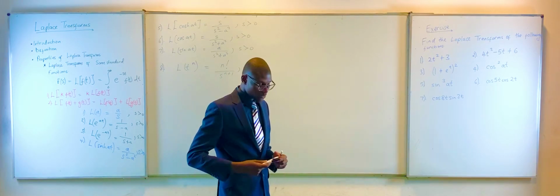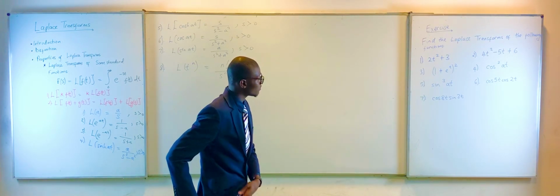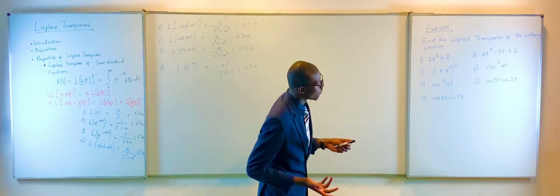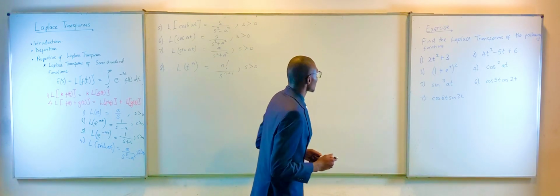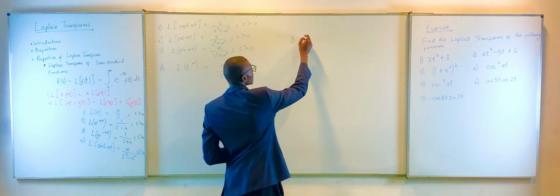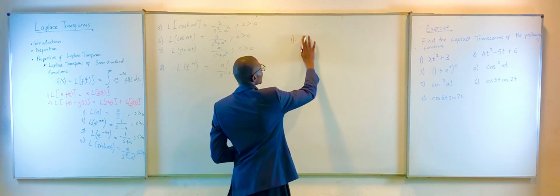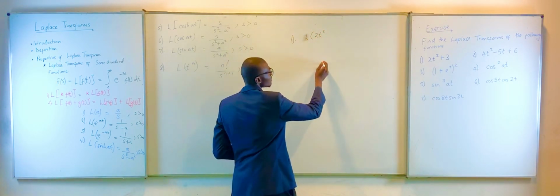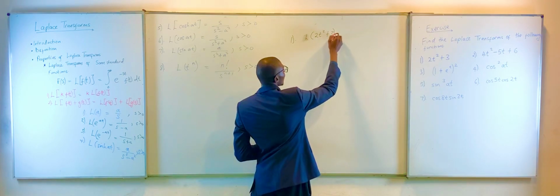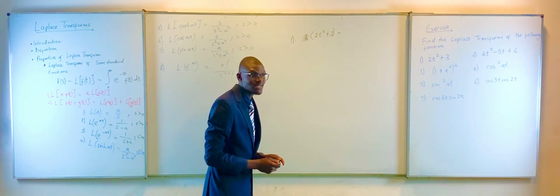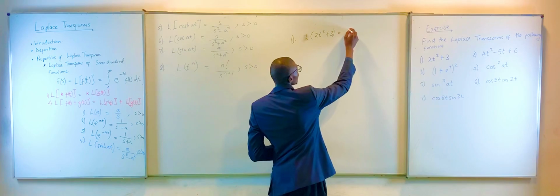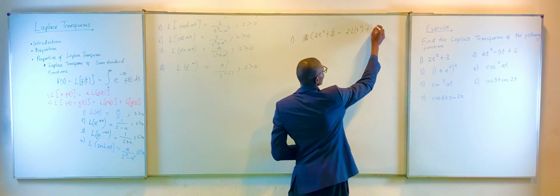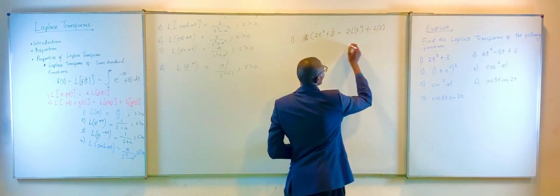Okay, so for the first one, it said that find the Laplace transforms of the following functions. Okay, so the first one is that we want to find the Laplace of 2t squared plus 3, and we know that we can split this such that we say 2 Laplace of t squared plus the Laplace of 3, right?